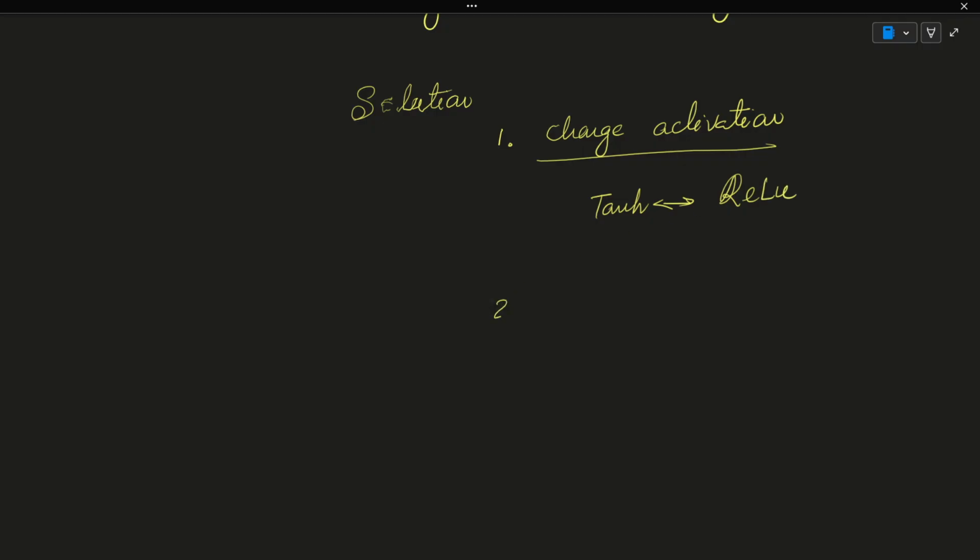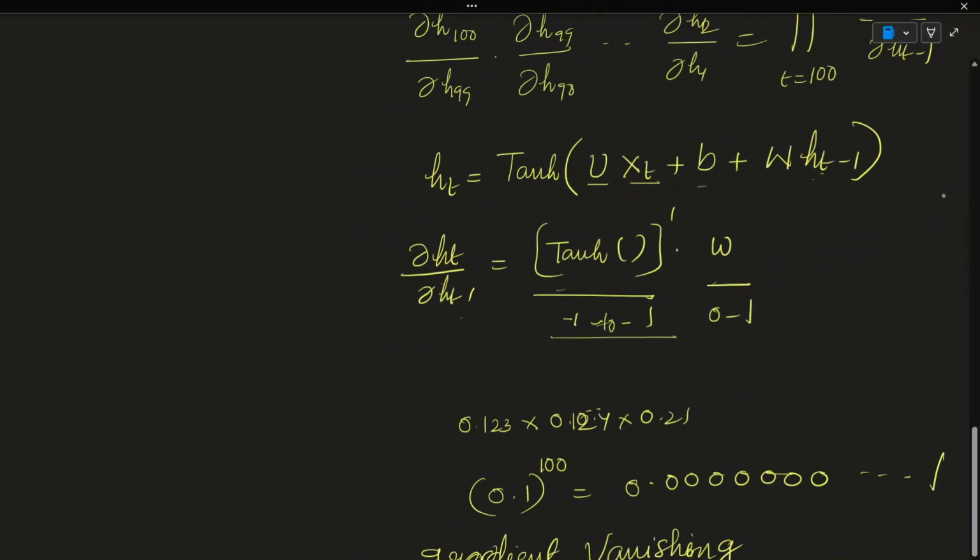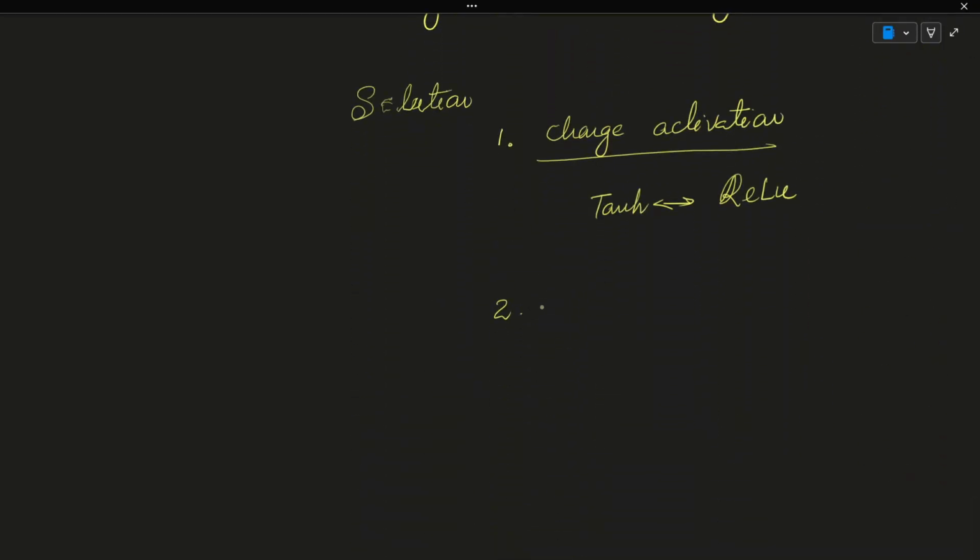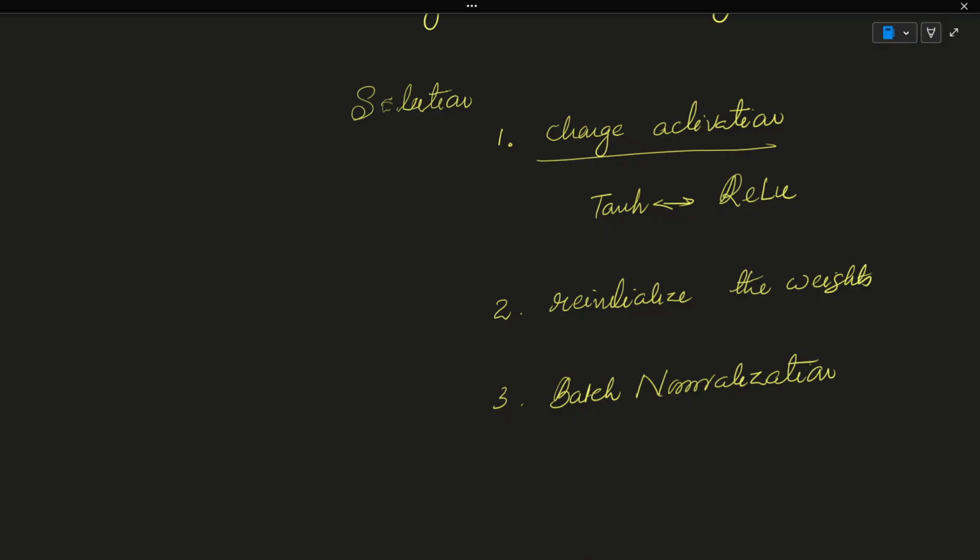And secondly, the weight initialization. Generally we start with 0, so we can reinitialize the weights. That is another strategy. And you can also go for batch normalization. That is another strategy to counter the vanishing gradient problem.